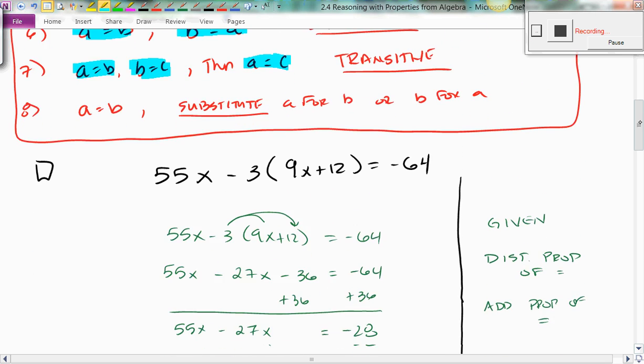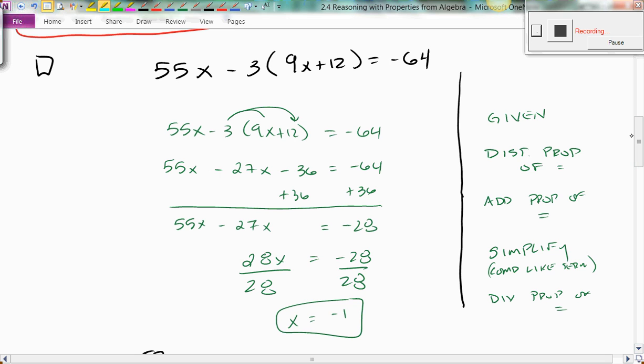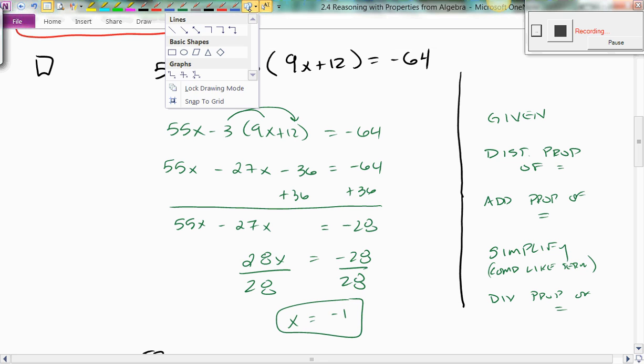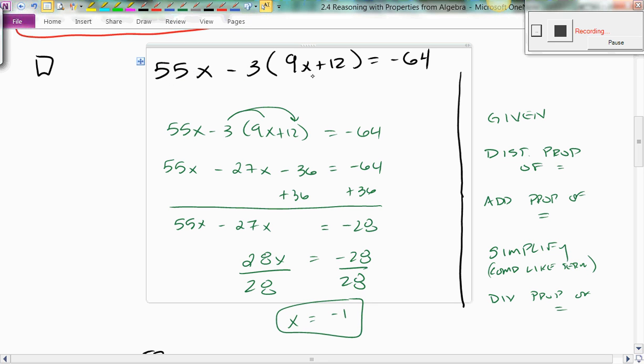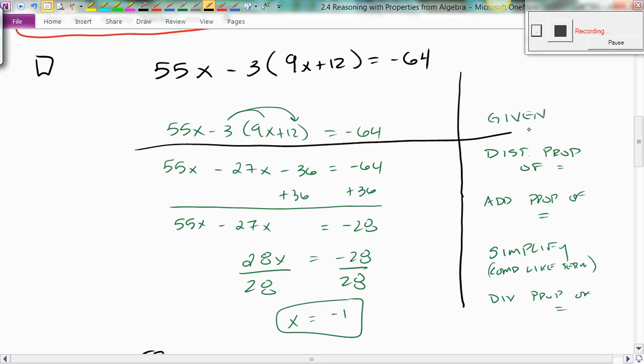Okay, so we had 2 examples of algebra, right? So we tried to solve 5x minus 3 times the quantity 9x plus 12 equals negative 64. So the first thing we did was we wrote down the given, which is above this line. Then we got to this line by saying the distributive property because we distributed the 3.